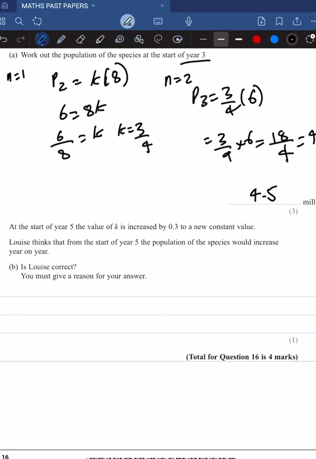At the start of year 5, the value of K is increased by 0.3 to a new constant value. Louise thinks that from the start of year 5, the population of the species would increase year on year. Is Louise correct? Yes, the population will increase.